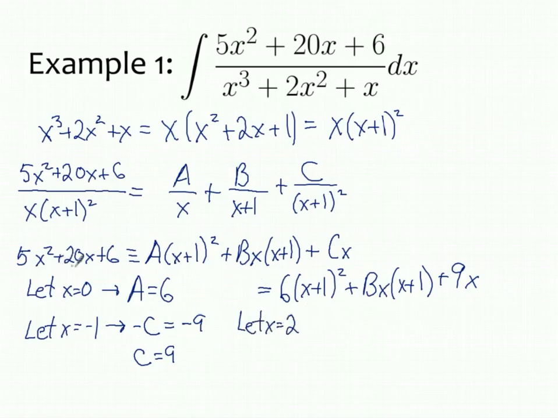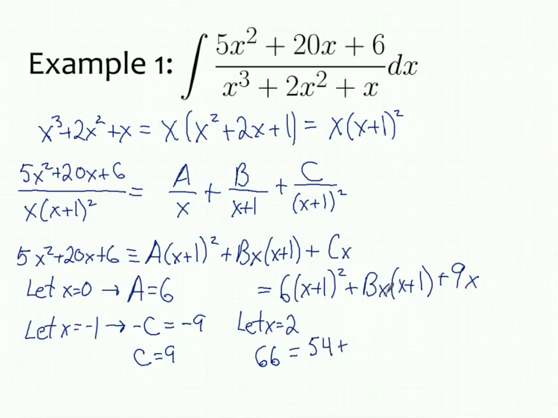On the left-hand side, 2 squared is 4, times 5 is 20. I get 20, plus 40 is 60, plus 6, so I'm going to get 66 on this side. And on this side, 2 plus 1 is 3. 3 squared is 9. 9 times 6 is 54.